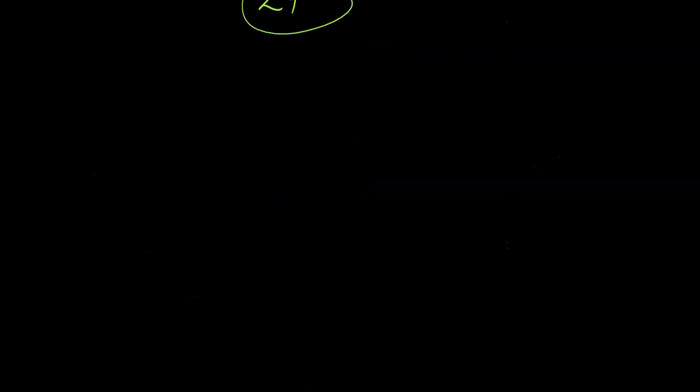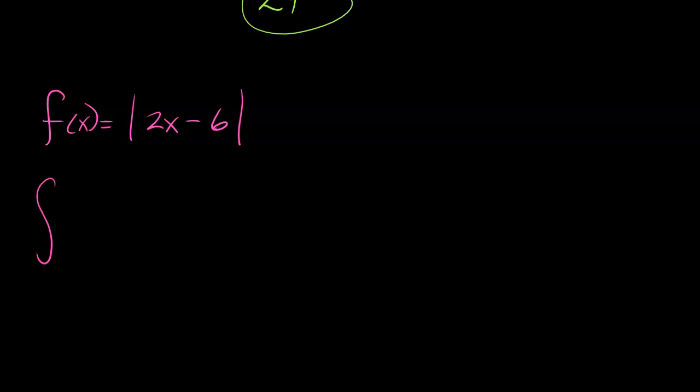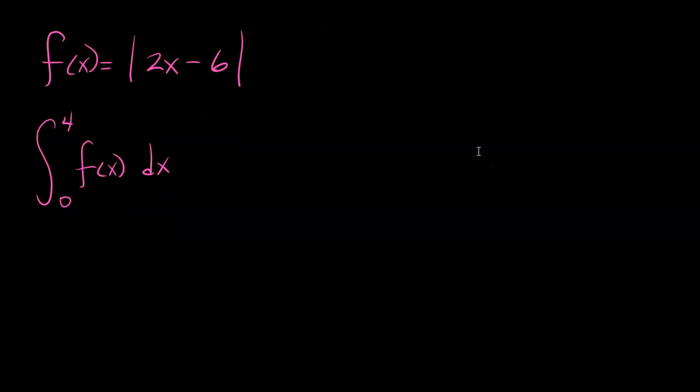Okay, last problem, and then you guys should have enough info to go on. So we are asked to find the area under the curve from 0 to 4 of the absolute value of 2x minus 6.